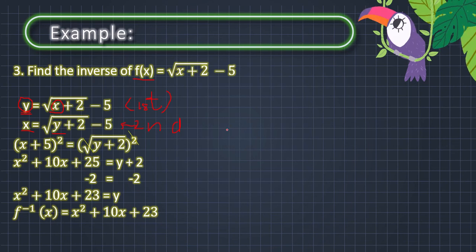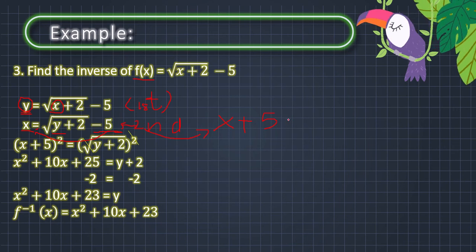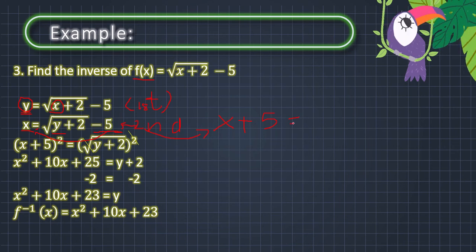But before that, let us rewrite this second step as x plus 5, because the constant 5 should be combined with our x, even though they are not similar terms, so that it's easy for us to extract the square root, or the radical symbol.